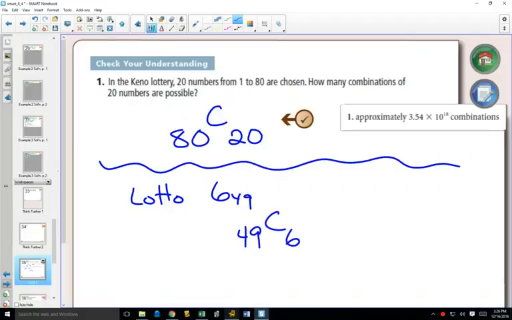If you go to your calculator and figure that out, it's 13,983,816. Almost 14 million different combinations. It's better than the other one. So in order to win, you have to get all 6 numbers right. The order doesn't matter. But your chances of winning are like 1 in 14 million.